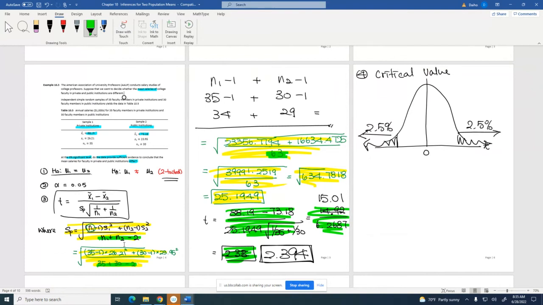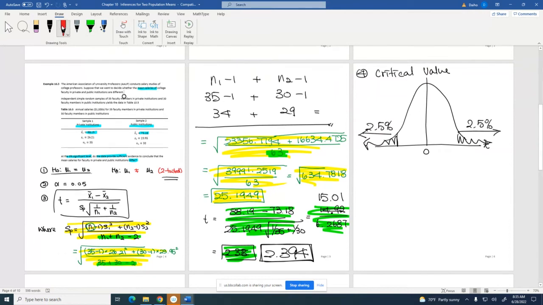Don't take the average, but simply just take the sum. It will be n1 plus n2 minus 2. Where did you get negative 2? Minus 1 and minus 1. It will be 63 in the denominator.